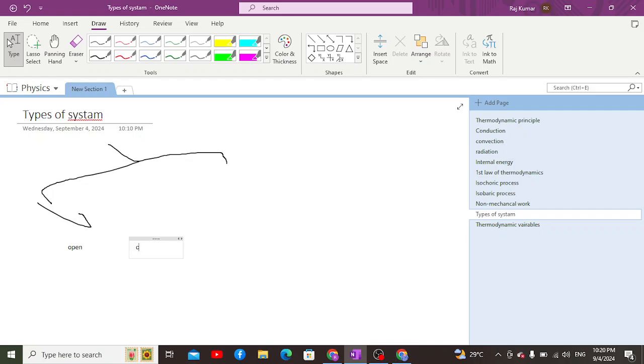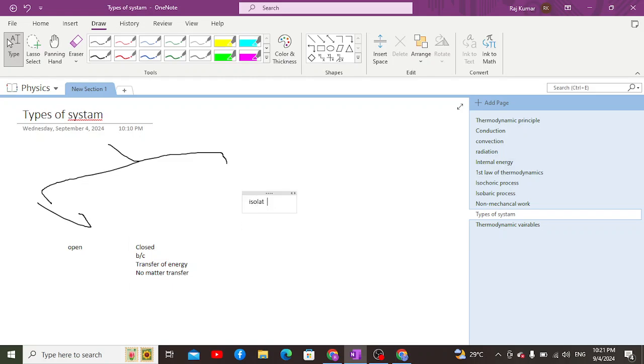Number two is a closed system. Whenever we study thermodynamics, we utilize closed system because it is the system which involves transfer of energy but does not involve transfer of matter.